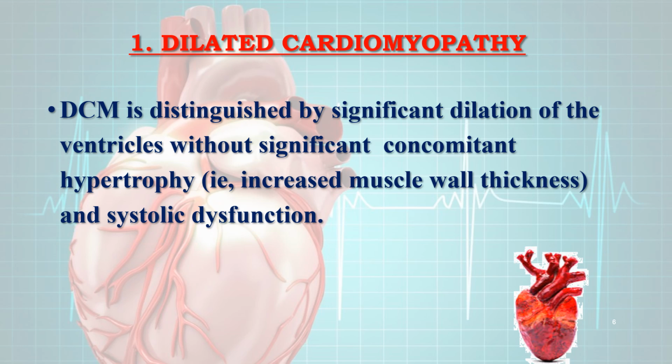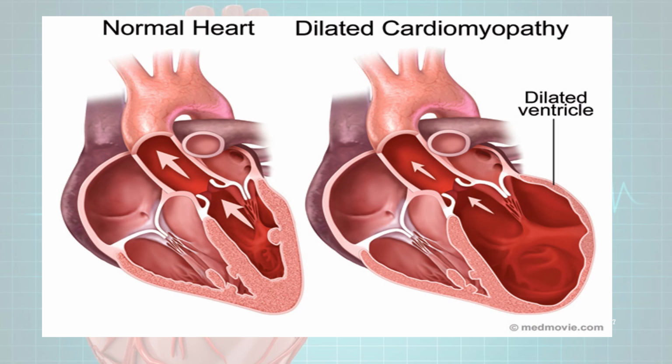The first one is dilated cardiomyopathy. As the term says, dilated cardiomyopathy is significant dilation of the ventricles without significant concomitant hypertrophy, in the sense that without increased muscle wall thickness there is a dilation of the ventricles, and thereby a loss of systolic function. The picture shows the normal cross section of the heart, and here the dilated ventricles.